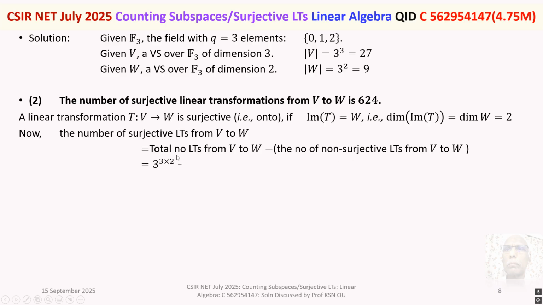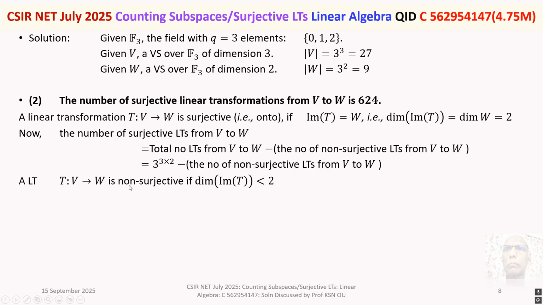And this is 3 power 6, 3 power 3 into 2, that is 3 power 6, that is 729, minus the number of non-surjective linear transformations from V to W. Our concern is to find out the number of non-surjective linear transformations from V to W. A linear transformation T from V to W is non-surjective, not onto, if the dimension of image of T is less than 2.